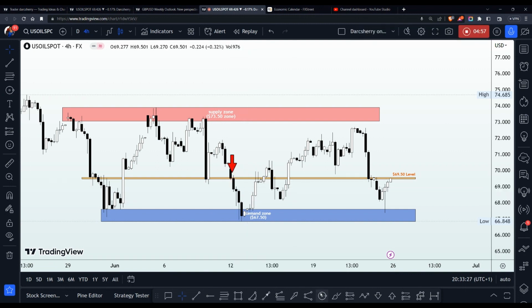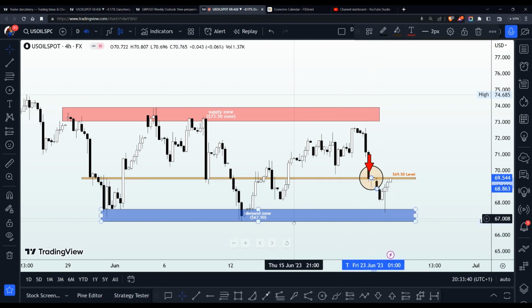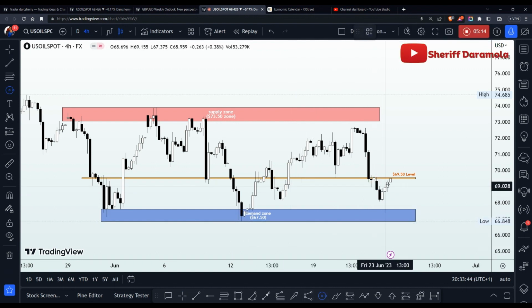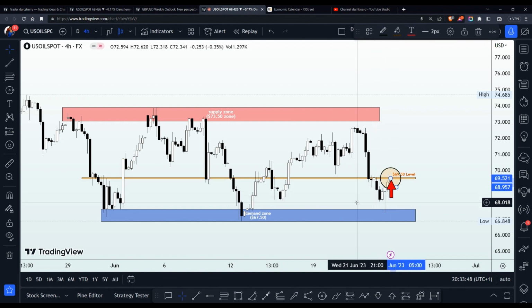We saw a retest of structure again happen during the second week of this month before another breakout of this level happened. And during the course of the previous week, we saw another breakdown of that $69.50 level. And as at the last day of last week's trading session, we saw how price action came back to close along the $69.50 level.